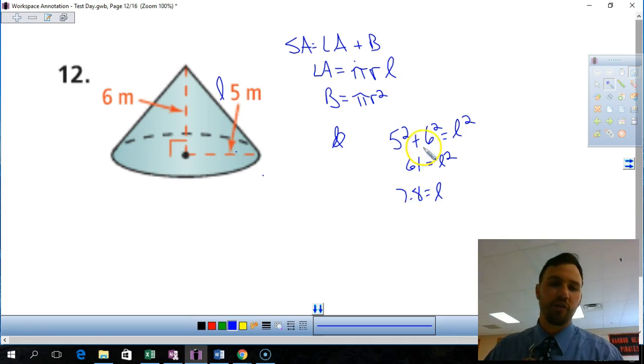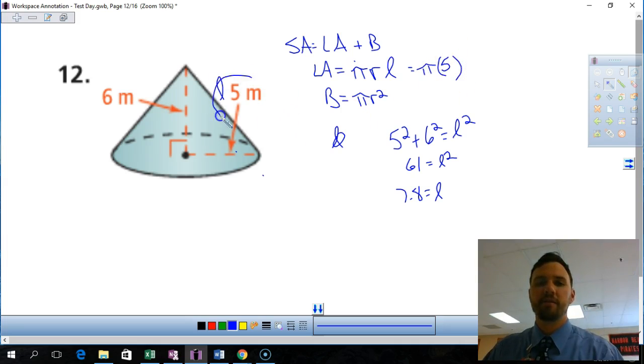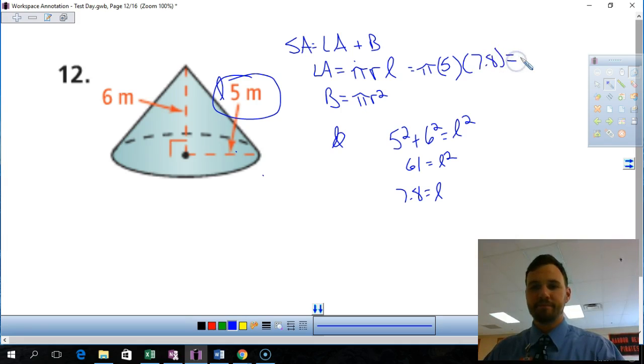Now I have what's necessary to go back and plug it in. So pi times our radius, which is 5, times my slant height. So that's 122.5.